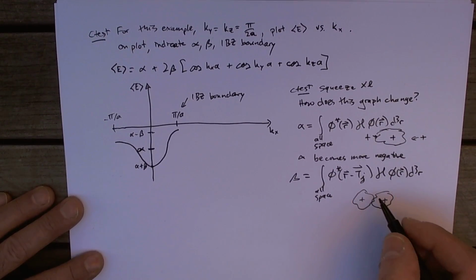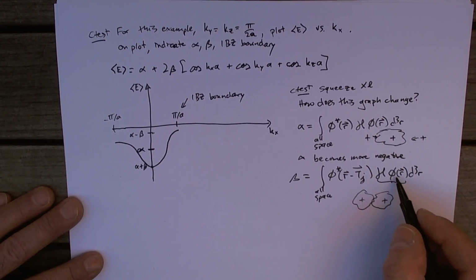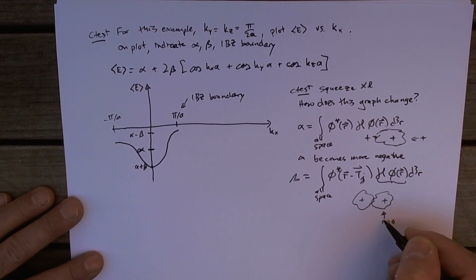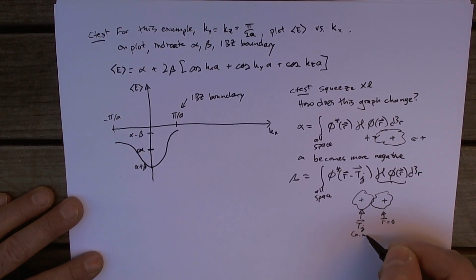the wave function here is going to have a bigger overlap with this wave function, and therefore a bigger overlap with the region where H operating on this wave function. So this is where r equals 0, and this is one of our nearest neighbors. This is tj, nearest neighbor.